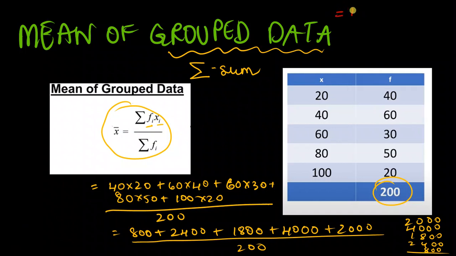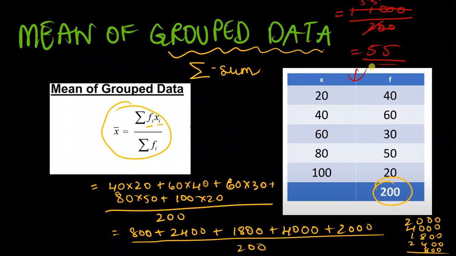So you will get totally 11,000 divided by 200. Two zeros, two zeros, you will have 55. So basically your mean will be 55 for this data.